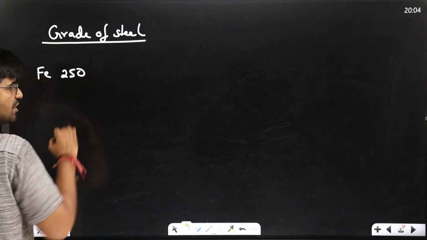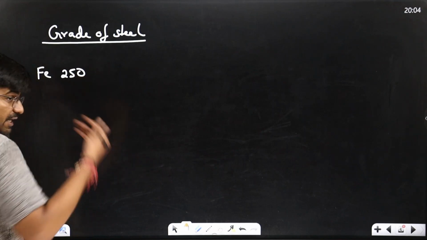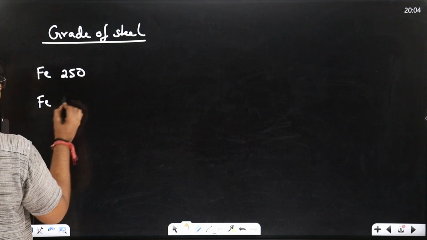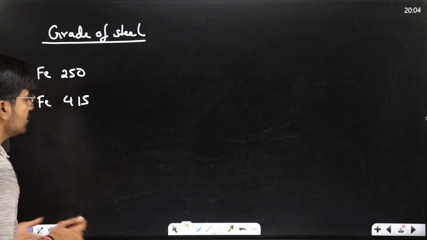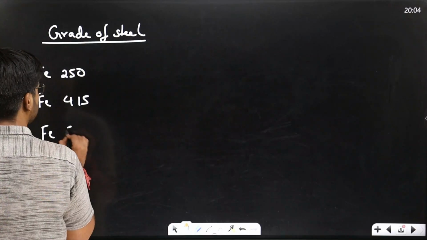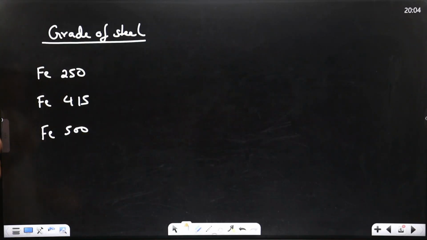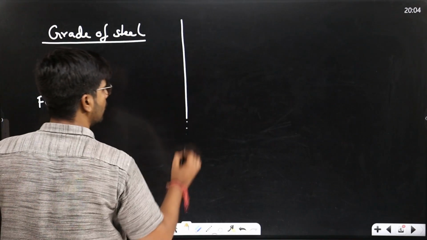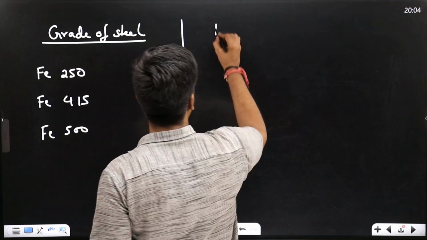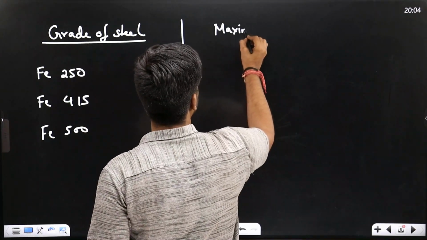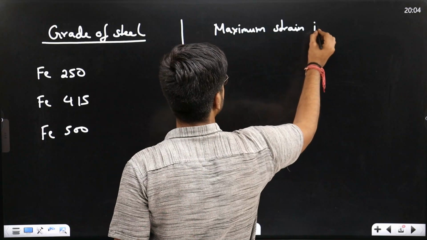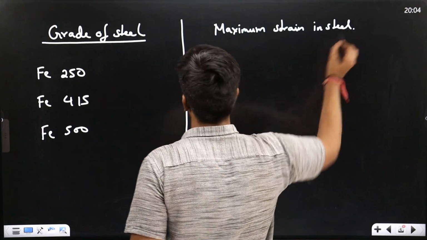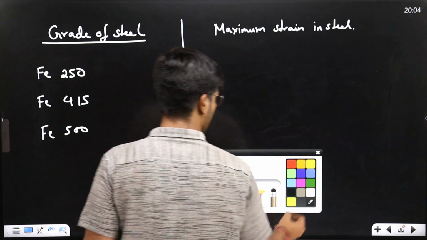Fe250 is your mild steel, plain bars. It is more ductile than Fe415, which is your HYSD bar, high yield strength deformed bar. Then Fe500. Now I will write the maximum strain in steel for these grades.